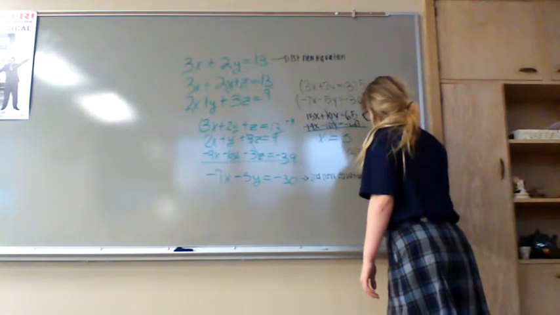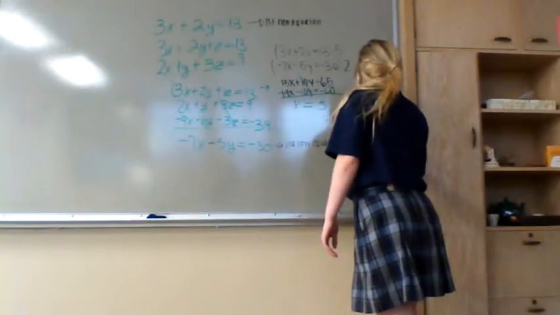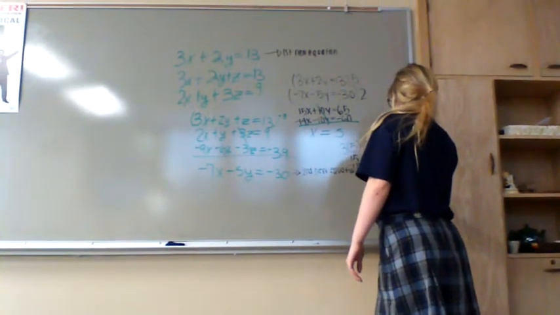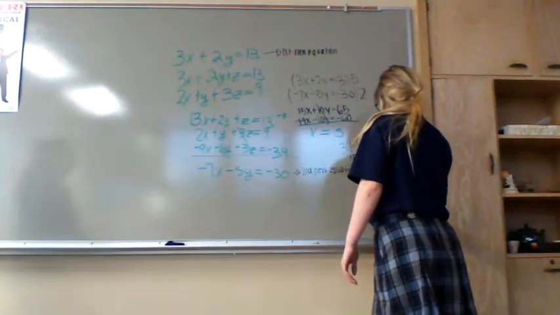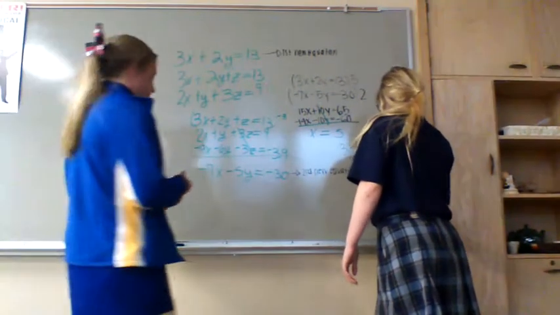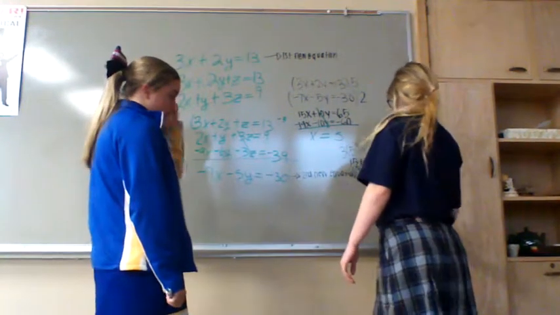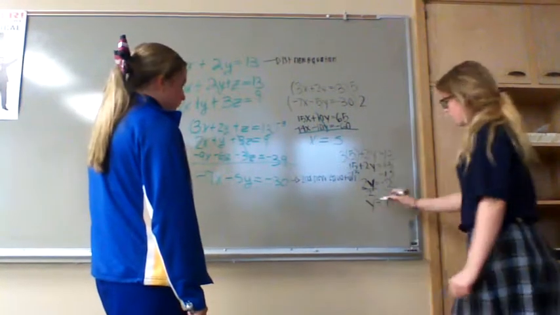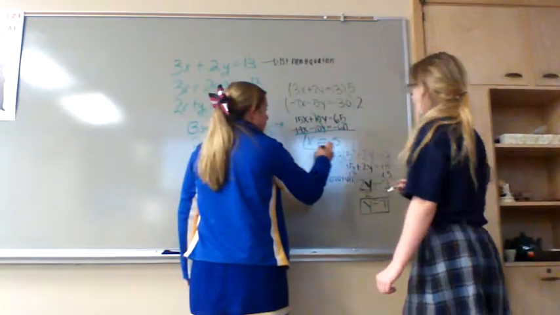Then you get 15 plus 2y equals 13. Subtract 15 on both sides, then 2y equals negative 2. And then you divide by 2 on both sides, and y turns into -1, and that is y, and that is x.